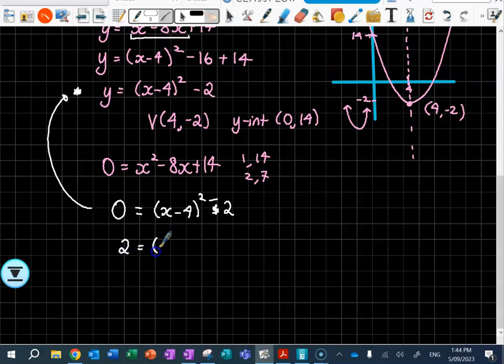You've got 2. X minus 4 squared. How do I get rid of the squared? And how do I get rid of the take 4? You add 4. Now, if you went ahead and did the quad formula, you'll get the same answers, but you've probably done a little bit more work. So we're all about trying to do the least amount of work possible. Would you agree? And how would we check that we are correct?